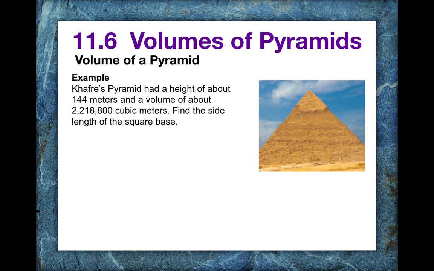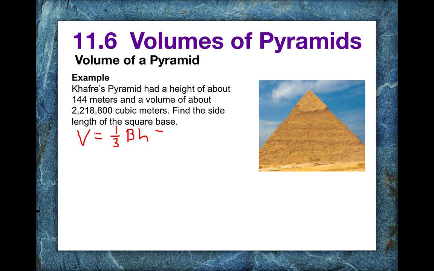Let's take Khafra's pyramid that has a height of about 144 meters and a volume of about 2.2 million cubic meters. Find the side length of the square base. So it has a square base. That's going to make life a little bit easier. So we know that the volume is going to be 1/3 the base times the height.